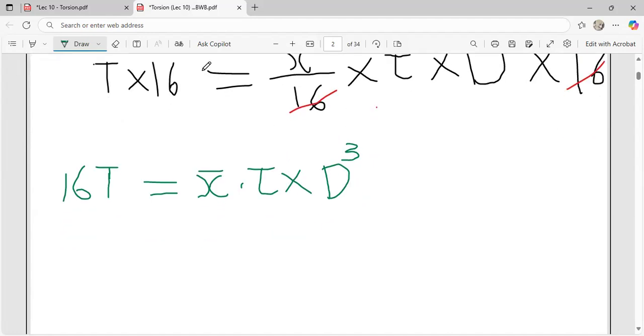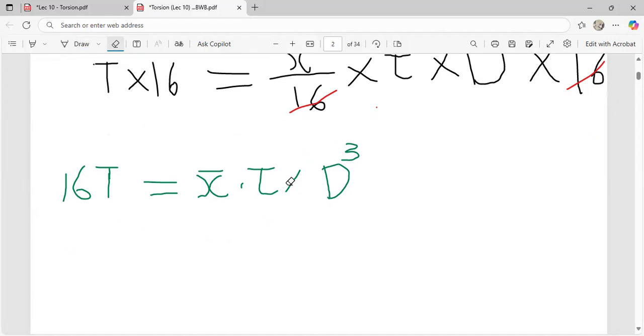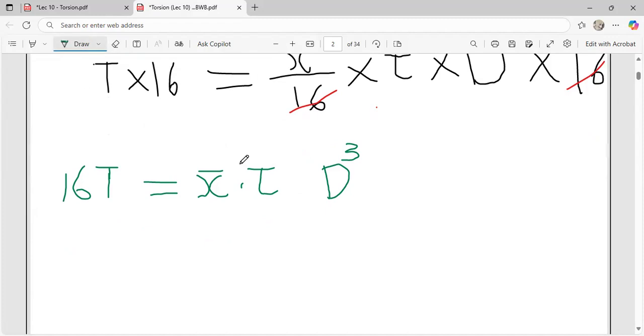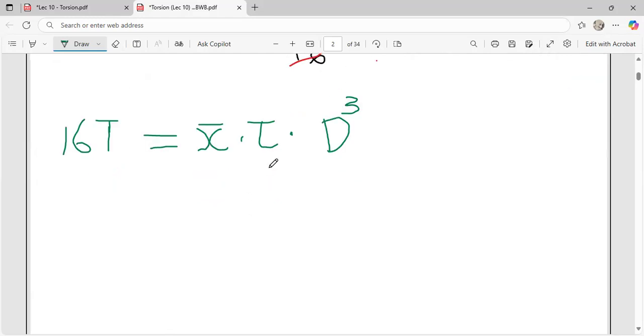From here, the only thing we are going to do is divide both sides of the equation by pi and the shear stress. This is how that is going to look. We always have to repeat this step so that we don't lose marks.